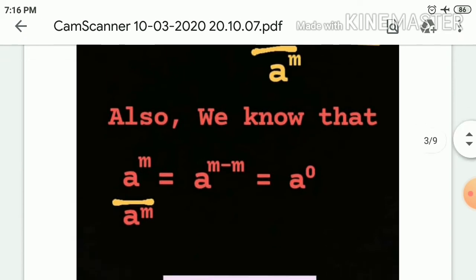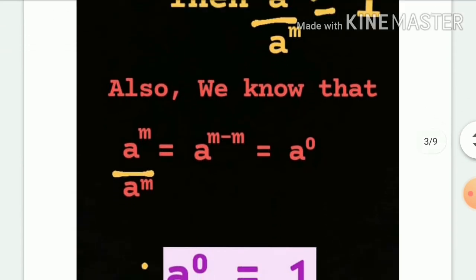So a raised to m upon a raised to m becomes a raised to 0.